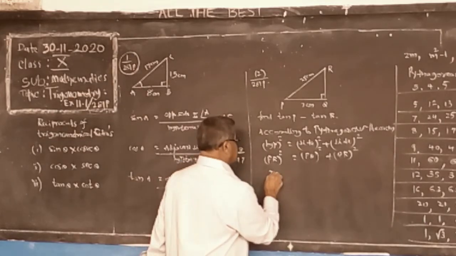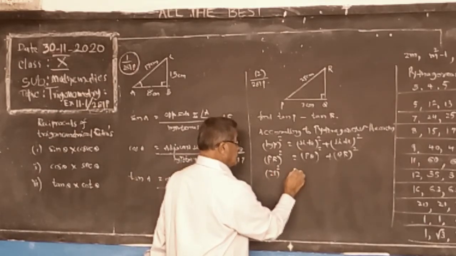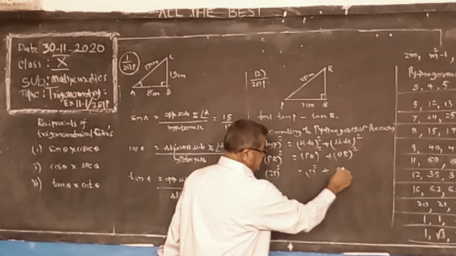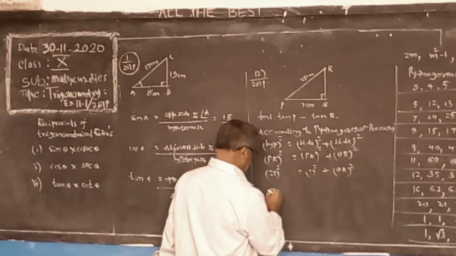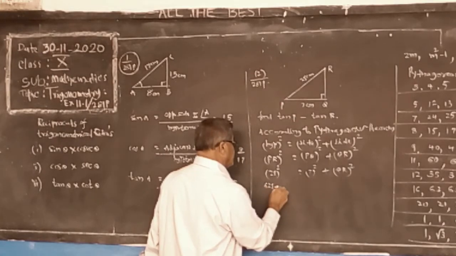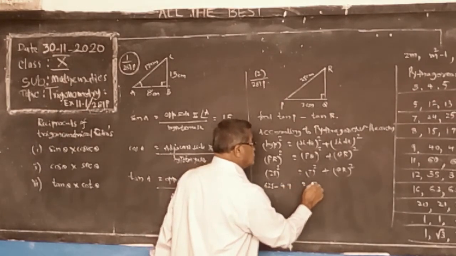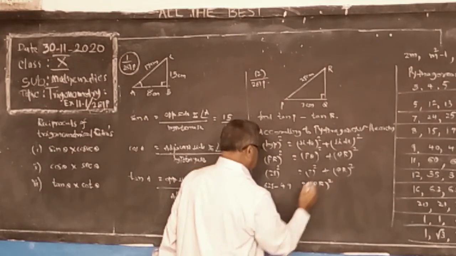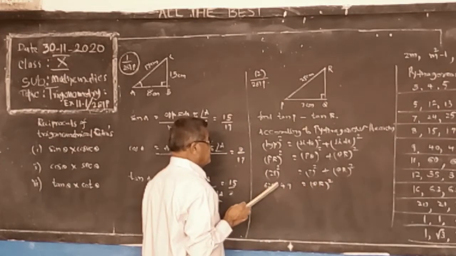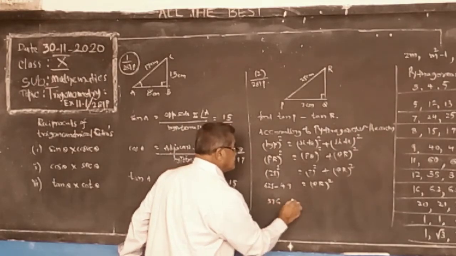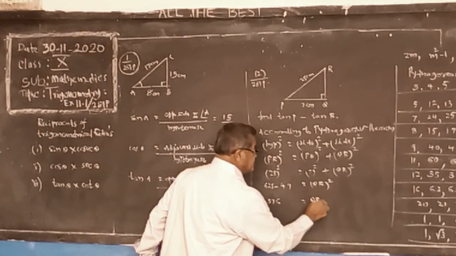PR squared is 25 squared. PQ side is 7 squared. And QR squared we have to find. So 625 minus 7 squared, 49, is equal to QR squared. Subtraction gives 576 equal to QR squared.